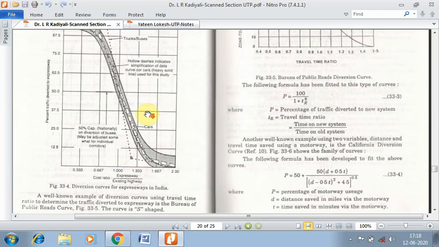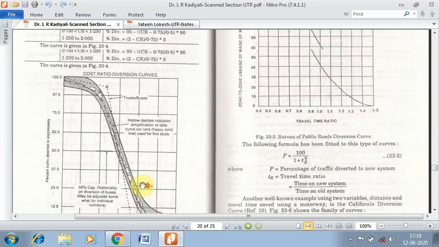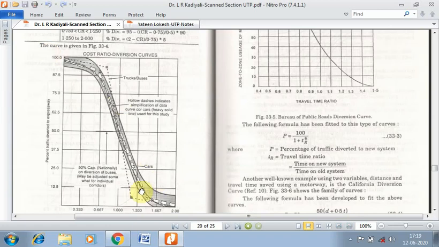The cost ratio is actually the cost of traveling along the expressway divided by the cost of traveling along the existing highway. Similarly, for time, the time ratio would be the time to travel on the new system divided by the time to travel on the old system. So that's how the graph would look.